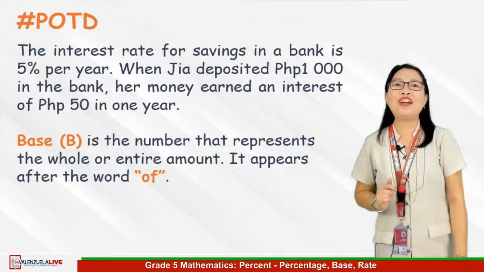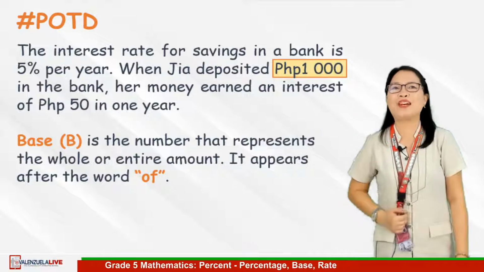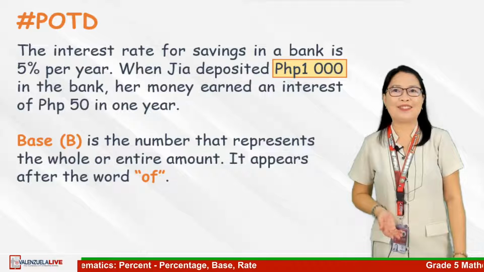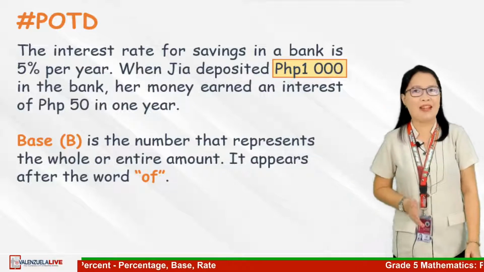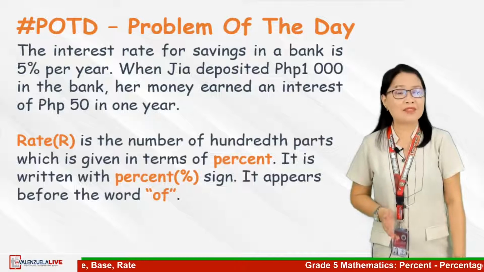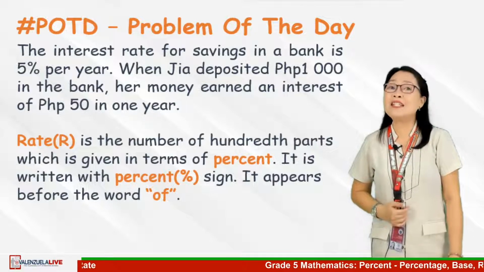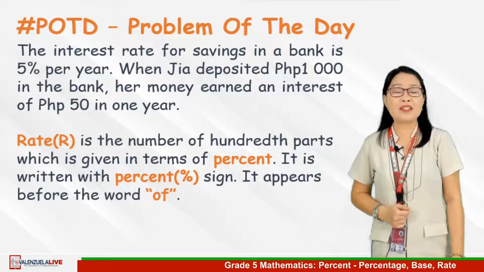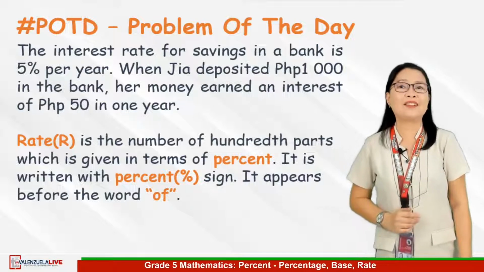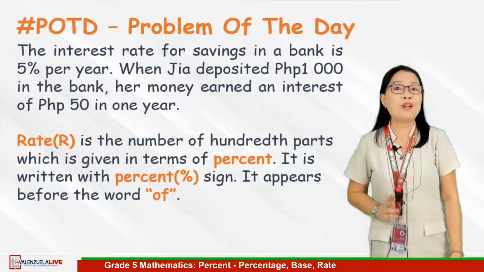Okay, the answer is 1,000 pesos. So this is the whole or the entire amount. Okay, so that is the base. How about the rate? Rate is the number of 100 parts which is given in terms of percent. It is written with a percent sign.